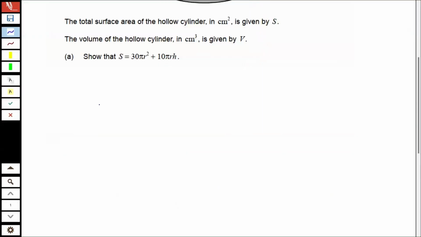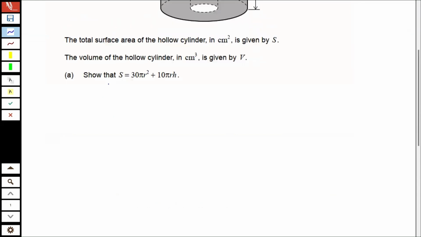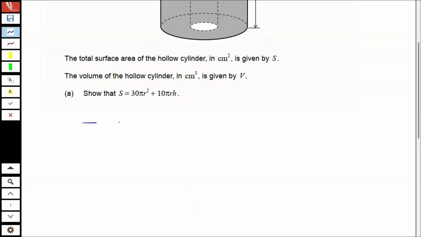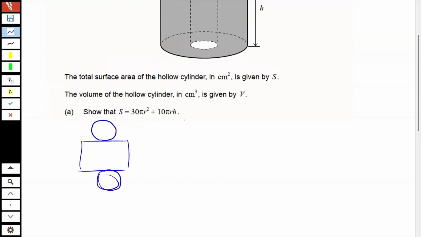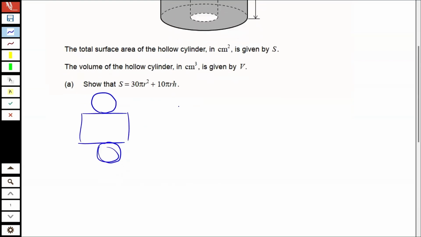So what is the surface area of a cylinder? We know that the cylinder, if you open it, you're gonna face a rectangle and two circles. In this case, you can also, by the way, check from the formula booklet.